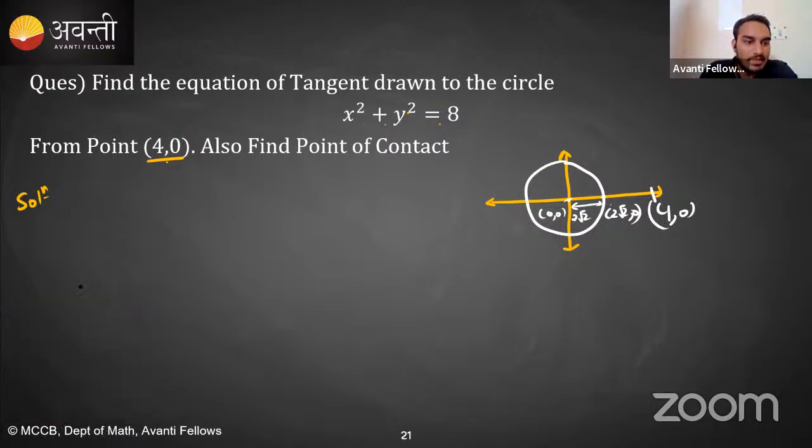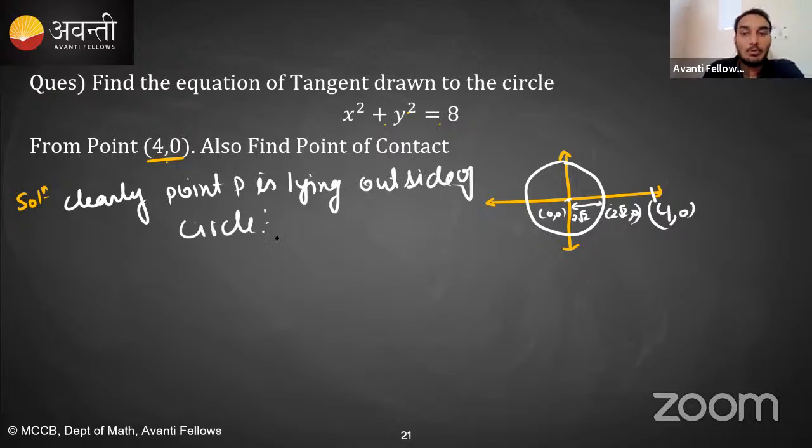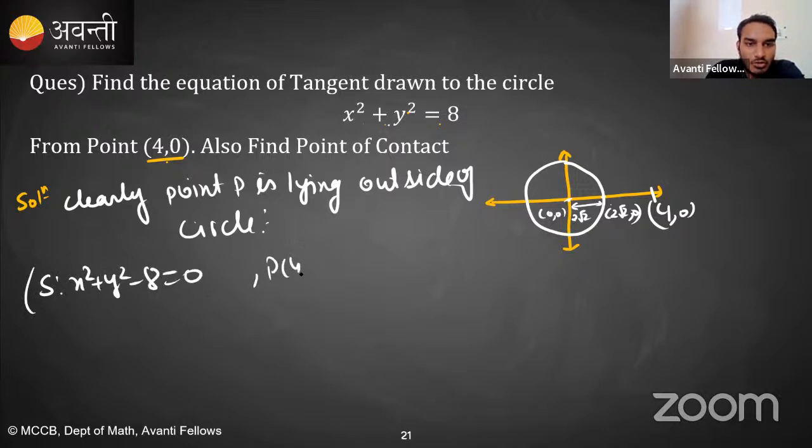Clearly the point P is lying outside of the circle. And if anyone has confusion about why the point P is lying outside the circle, they can also check by just putting the point P in the circle. S is x square plus y square minus 8 equal to 0 and point P is (4, 0).